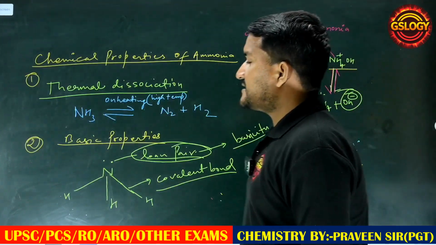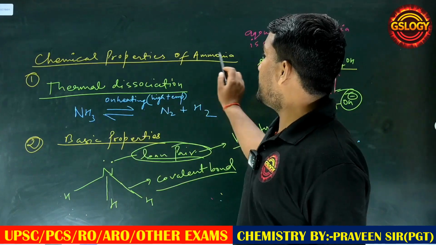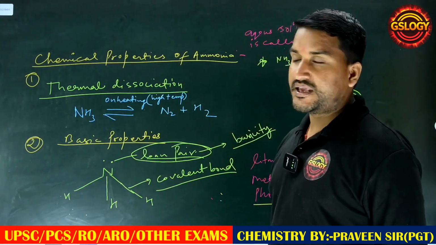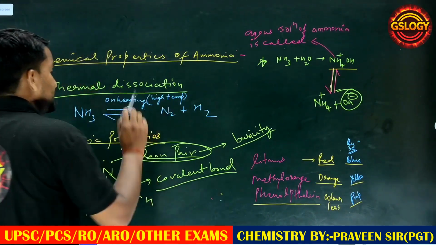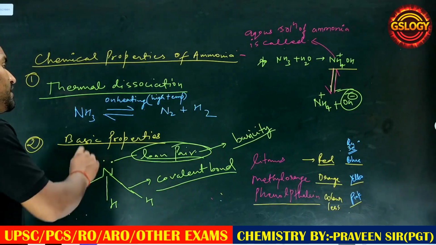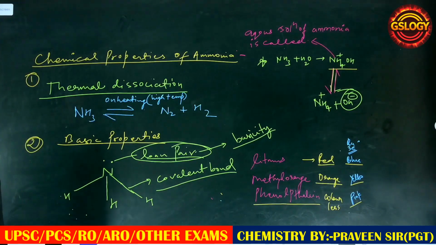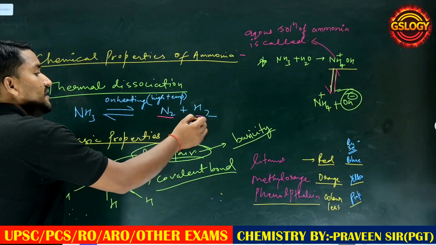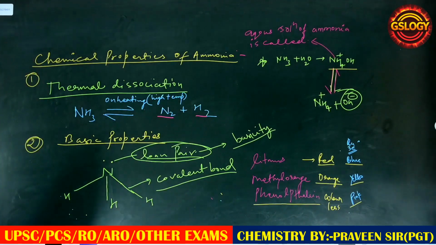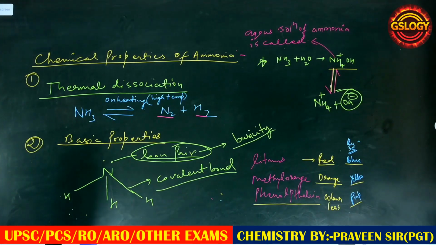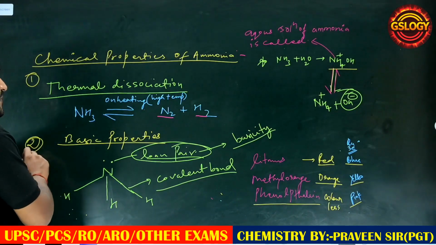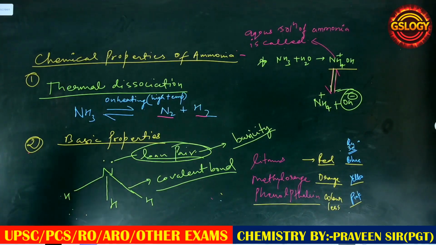Clear? Next topic is the chemical properties of ammonia. First, thermal dissociation. On heating at high temperature, ammonia gives nitrogen and hydrogen. It is a reversible reaction. Clear? And the second is the basic property of ammonia.